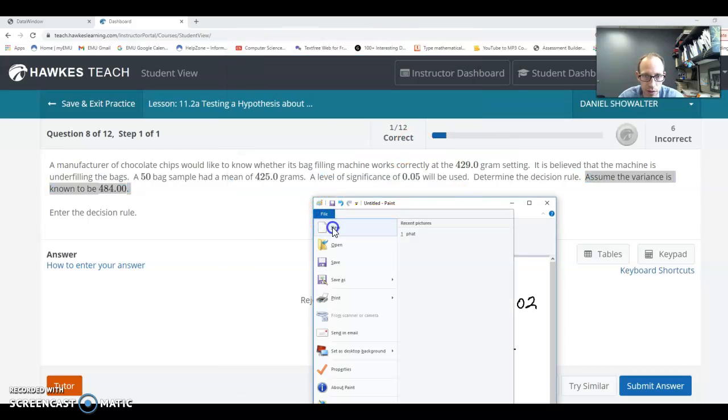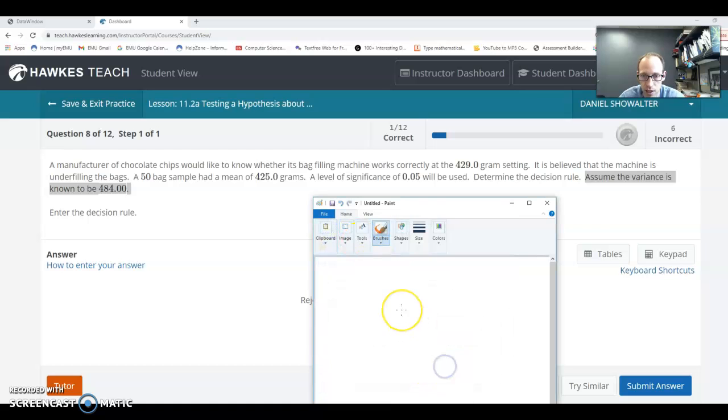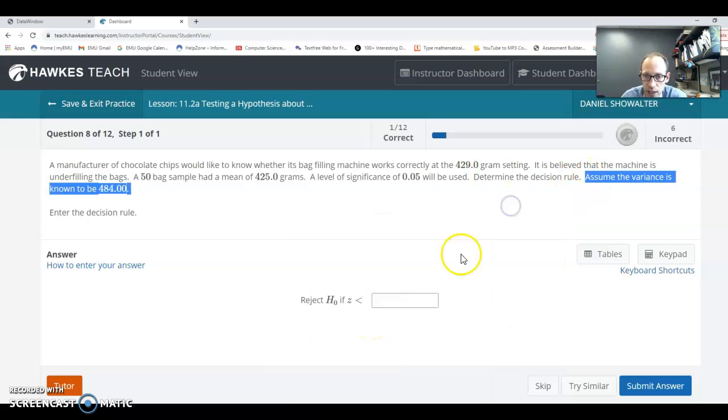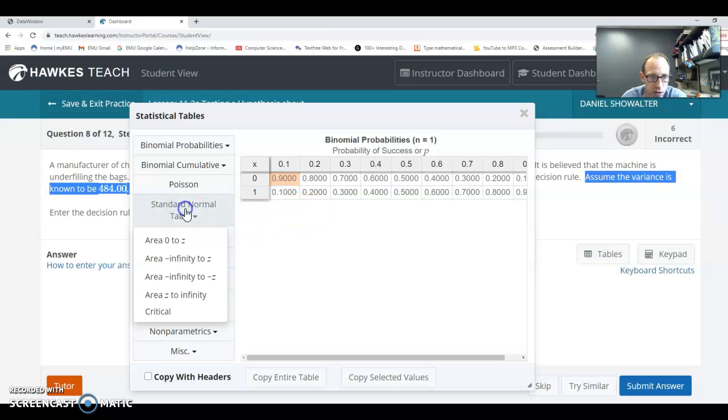So here we have, let's take a look really quickly again at what this is going to look like, and I will clear this one. Okay, so we have our distribution again, and we have 0.05. Is it a one-tail or two-tail? Well, it says underfilling. Underfilling is a directional word, and it means we can only reject the null down here. Our rejection region is only going to be one tail, and that entire 0.05 will be down there in the left tail. So now when we go to the tables, we can use standard normal.